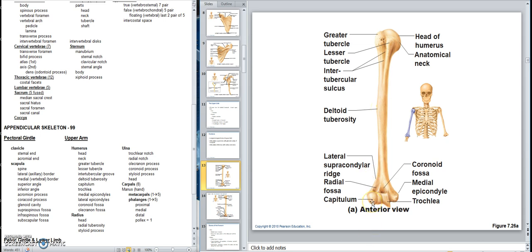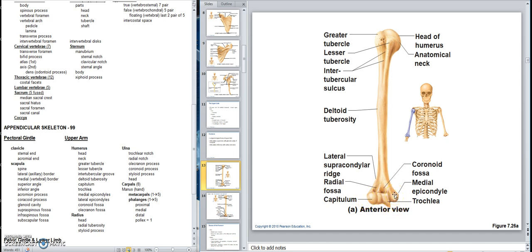Capitulum here. Trochlea on the other side over here. Medial epicondyle. So you can feel this. If you just put your hand, you can feel those things. Medial epicondyle right there. Lateral epicondyle right over here on this other side.